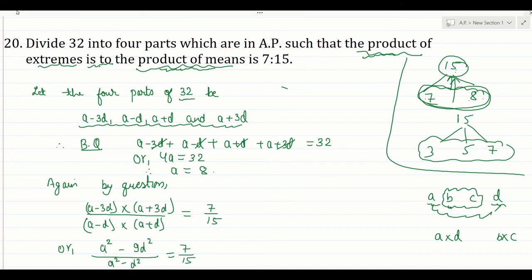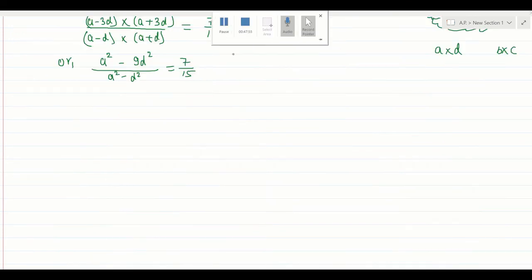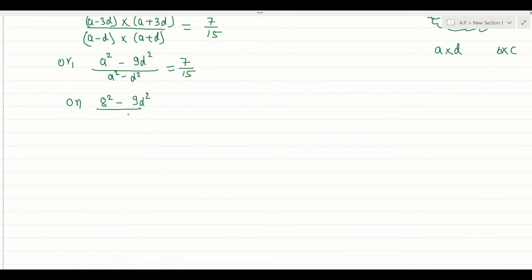After this, we know the value of a is 8. So it is 8 squared minus 9d squared over 8 squared minus d squared is equal to 7 over 15.